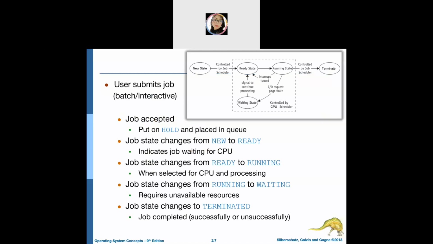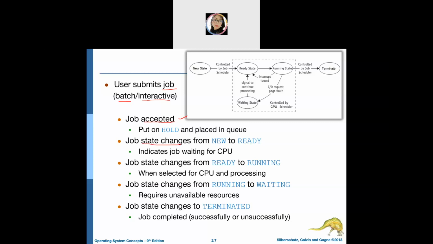Okay, let's see here in terms of the job. Users submit a job, which we also call a batch or interactive. There will be several jobs, batch or interactive, which are first accepted, and after that you have state changes.